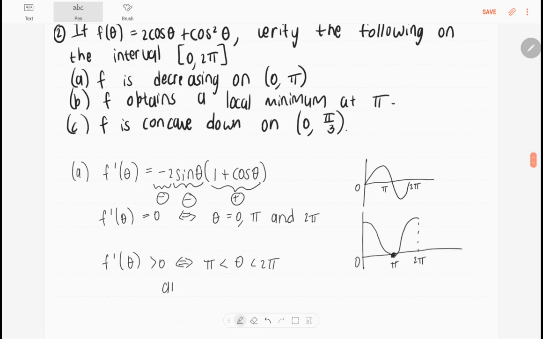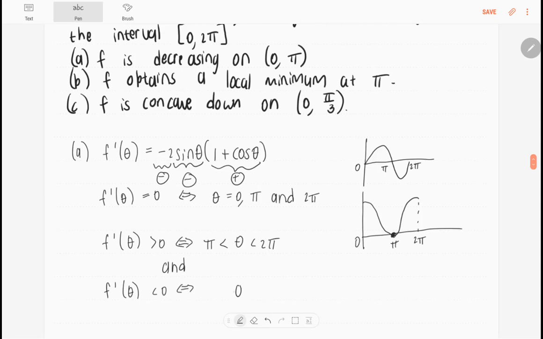And the derivative will be less than 0 if and only if theta is between 0 and pi, because then this will be positive, so we'll have a negative times a positive times a positive, which gives us a negative.